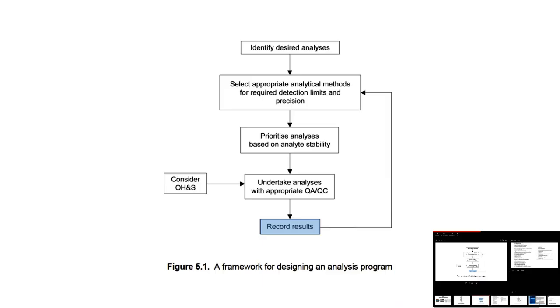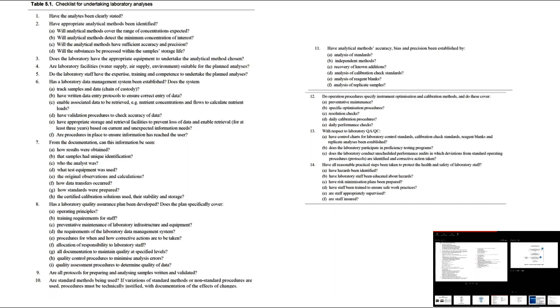Okay, so that framework is the framework that ANZAC suggests, and if you read through chapter 5, you'll also find, in addition to that framework, they provide you with a very comprehensive checklist. And again, I'm putting this here because I cannot recommend to you strongly enough how useful checklists like this are.